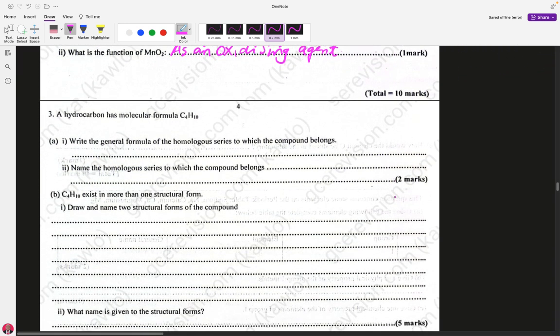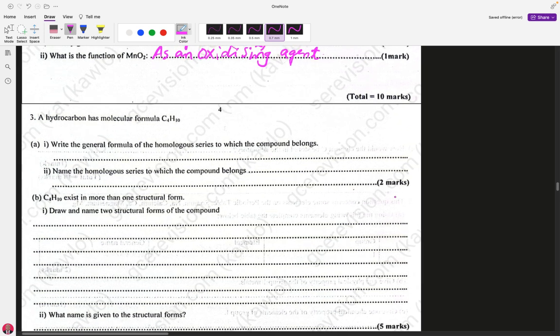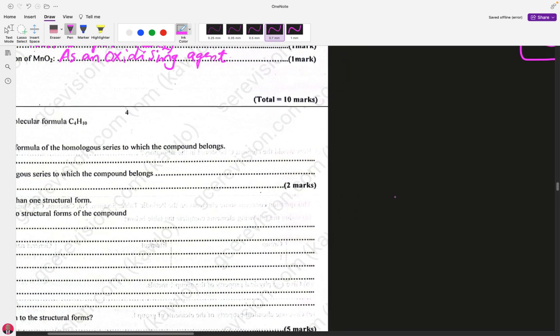There are many hydrocarbons we have been dealing with, and by now you should know that we have different homologous series. Hydrocarbons have only carbon and hydrogen involved in them. If we have CnH2n+2, we are dealing with alkanes.